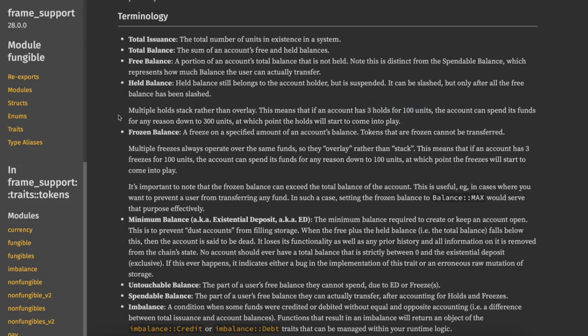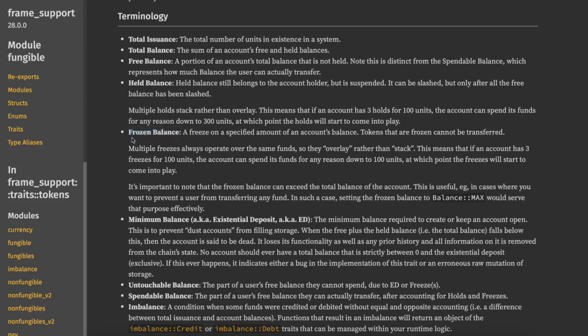Frozen balance. The frozen tokens cannot be transferred, and they can be more than the total balance, which is done for preventing any spending on a particular account. Multiple freezes overlay, so in the same situation, when we have 3 freezes for 100 units, it means that only 100 units are frozen.